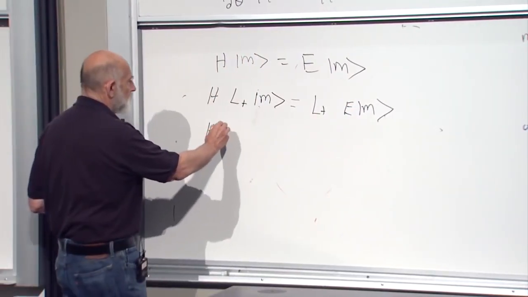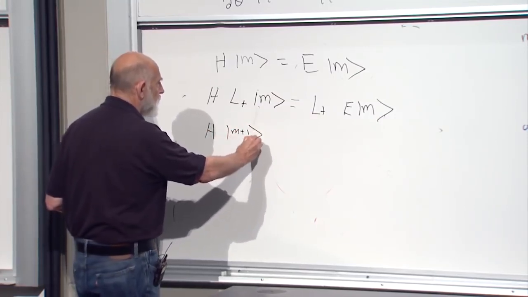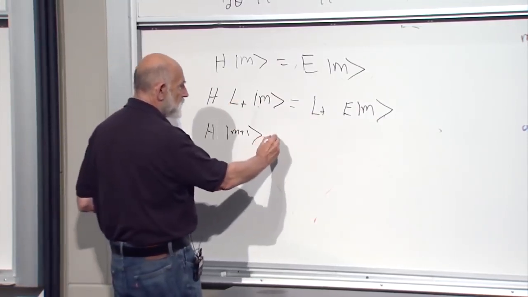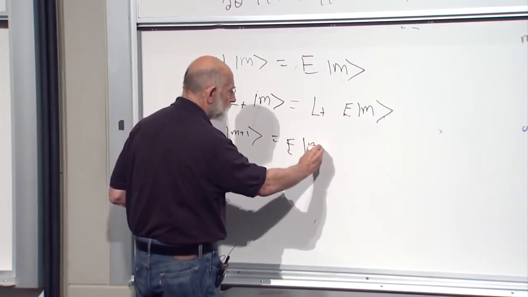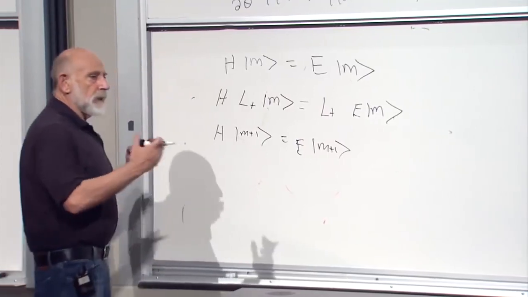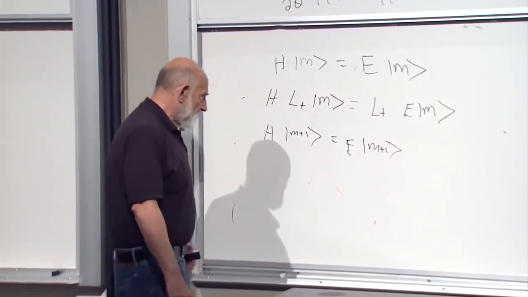It says H on M plus 1, that's L plus on M, is equal to E times M plus 1. We can do the same thing with M minus 1.